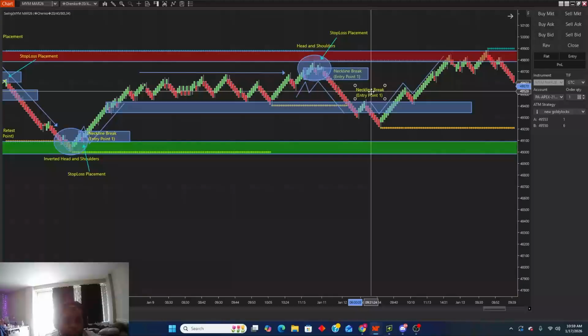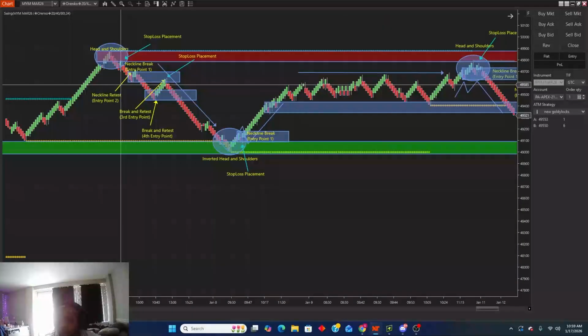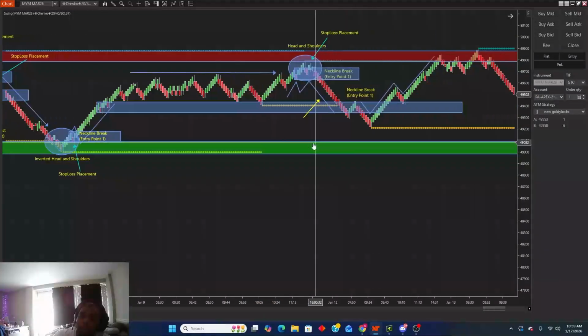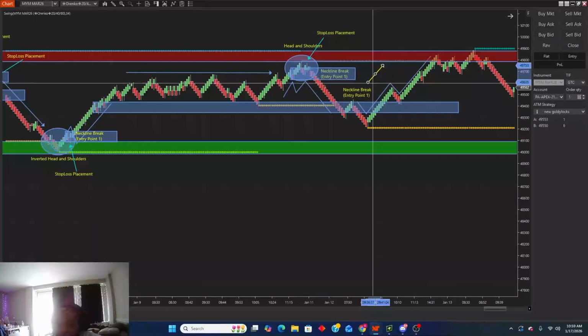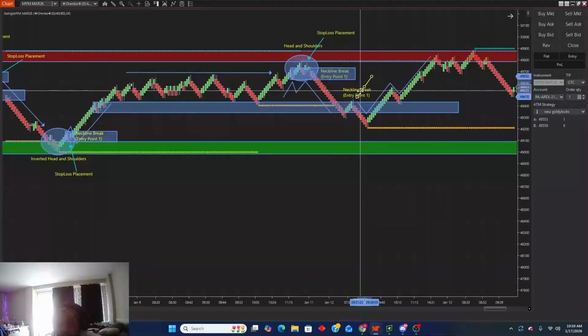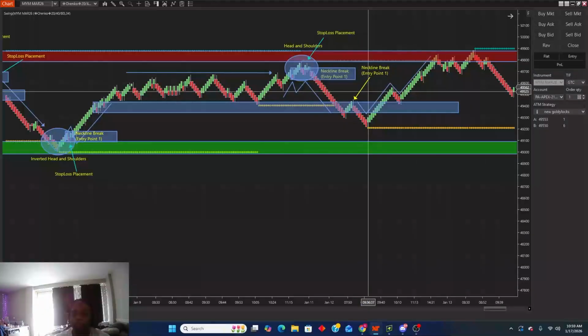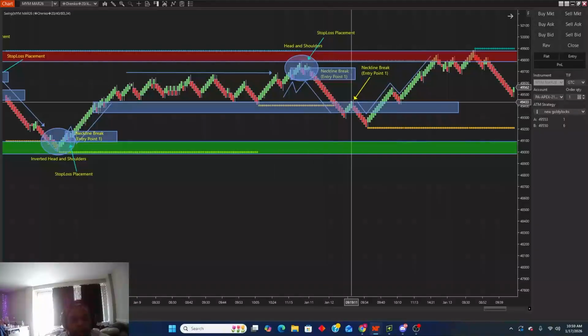So entry point 1. At the break of this wick, I'm getting in.